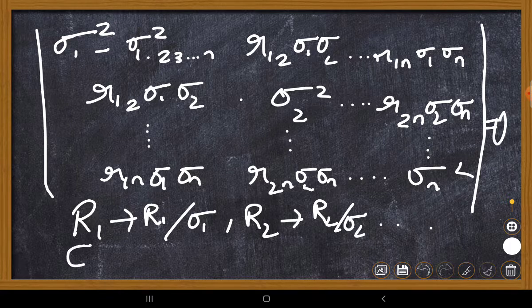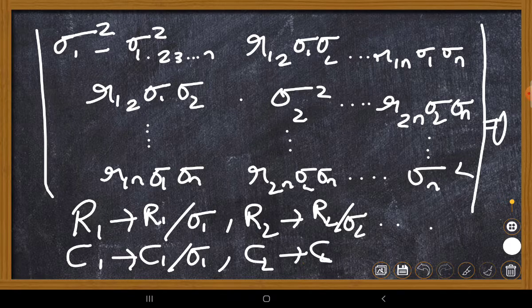And then after you perform the row operations, you perform column operations. You divide column 1 by sigma 1, you divide column 2 by sigma 2. If you do this step by step respectively, then you will obtain this determinant.